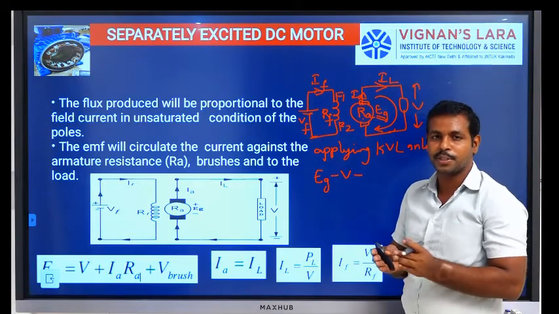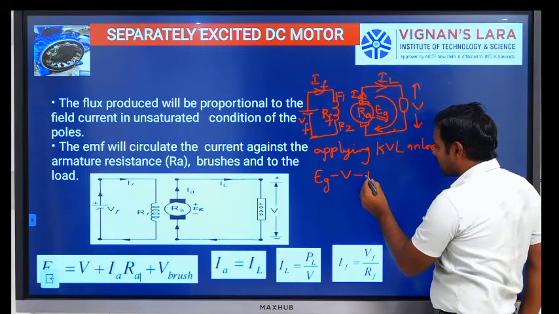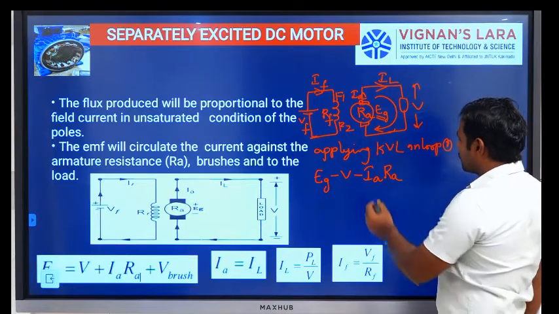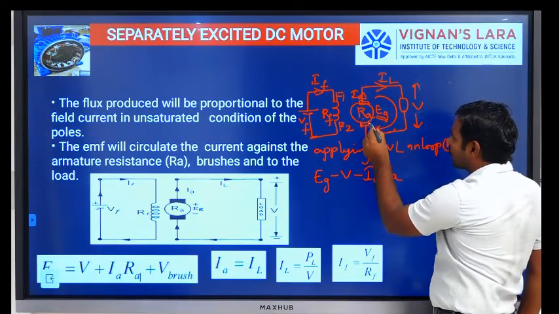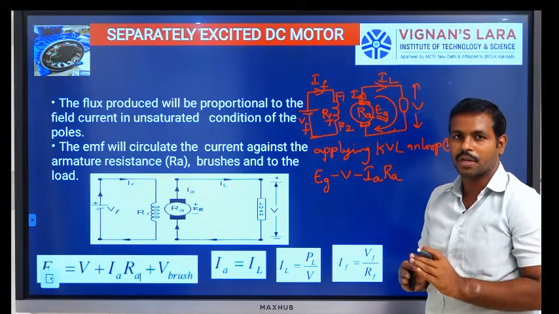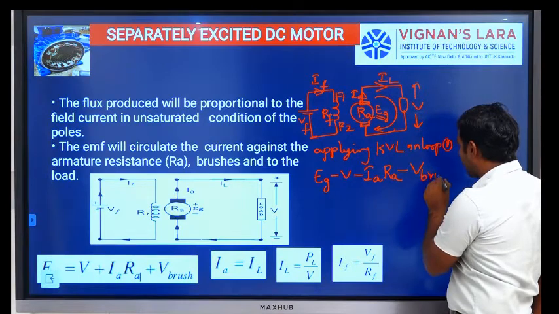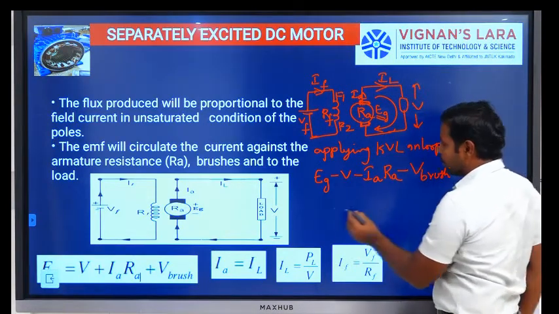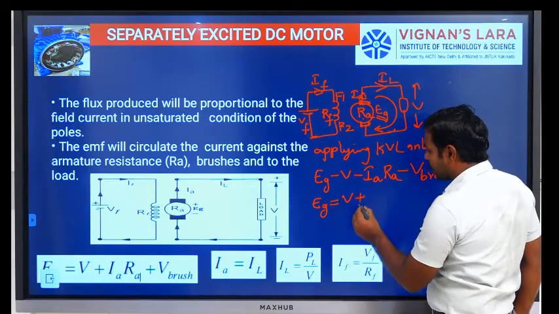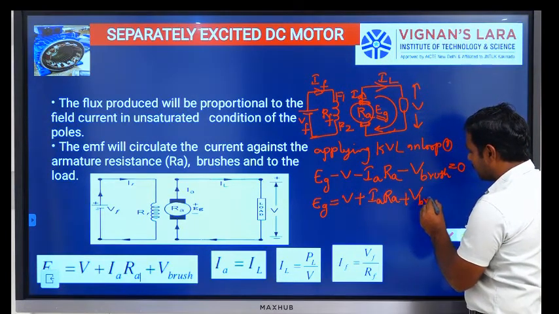The armature has some resistance denoted by Ra, so the voltage drop across it is Ia Ra. The commutator is always attached to two brushes, and the brush contact also has some voltage drop, minus V brush, equal to 0. So finally the voltage equation of a separately excited generator is Eg = V + Ia Ra + V brush.